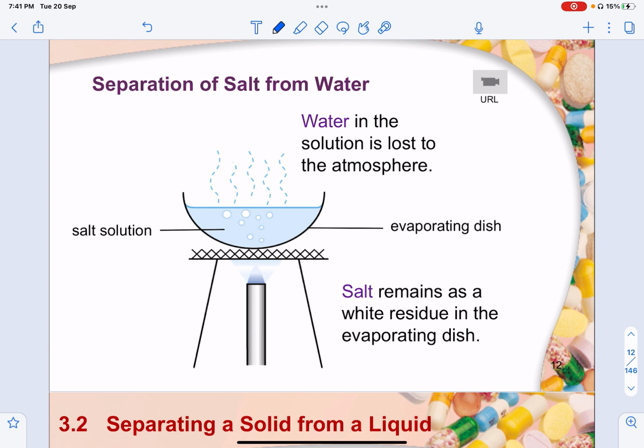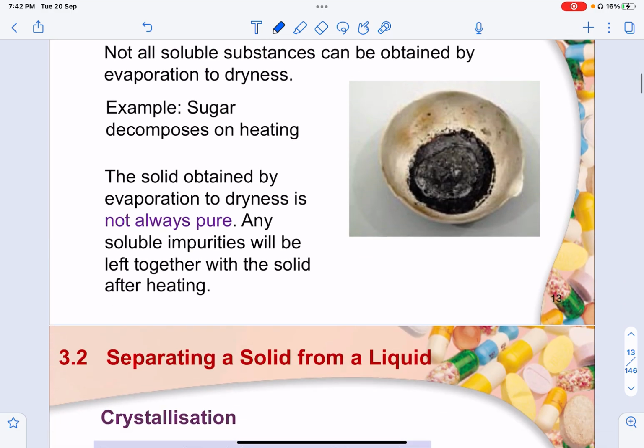So when you heat it up, the water in the solution is lost to the atmosphere, leaving the salt to remain, because the boiling point of salt hasn't been reached, so it will be retained in the evaporating dish. Whereas the liquid part has evaporated and therefore channeled into the environment.